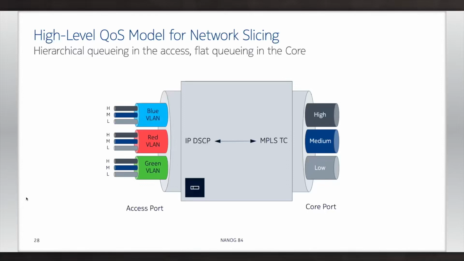Then what we're going to do is mark those packets, in this case for MPLS, we're going to mark the MPLS TC field and have flat queuing in the core. So essentially IP QoS 101, again, no different than any layer 3 VPN type of infrastructure that we've been building forever. So slicing will just make use of those technologies that have been highly effective up to today.